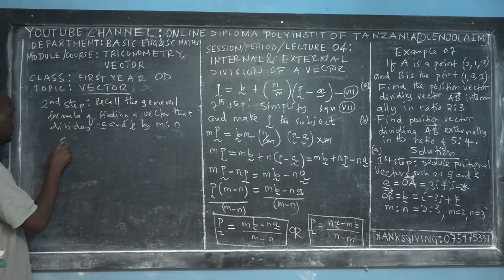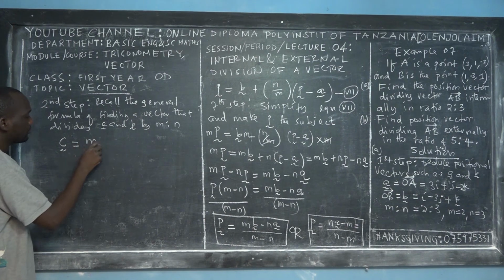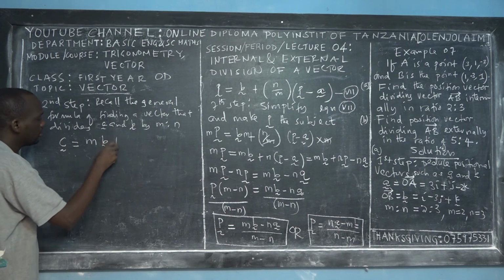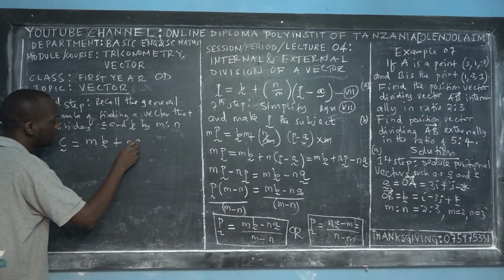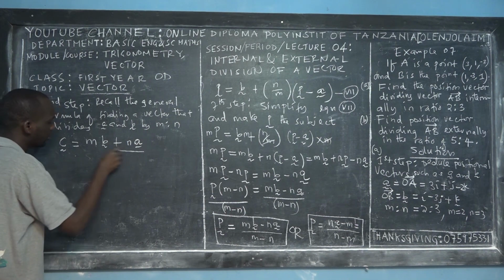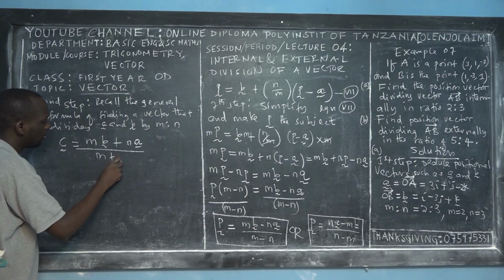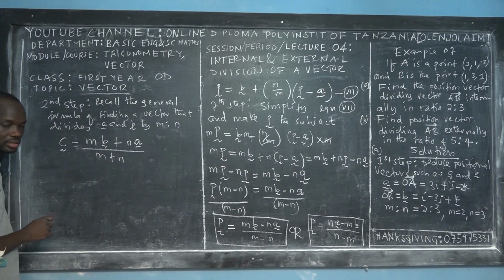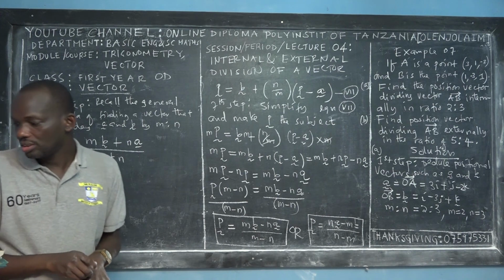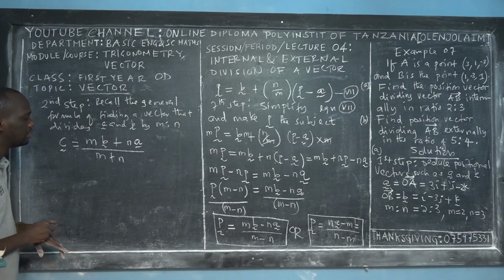From the formula we say, suppose the resultant vector is C, then we have m multiplied by vector B plus n multiplied by vector A, divided by the summation of ratios. I believe that is the formula.